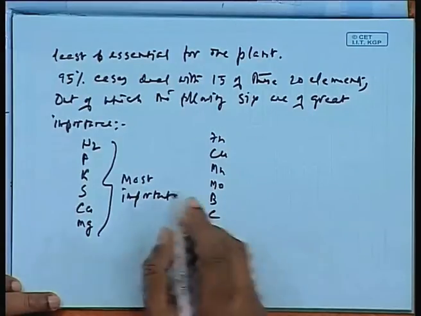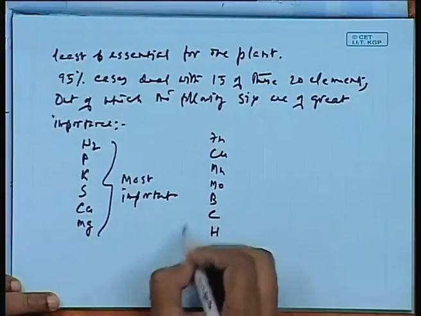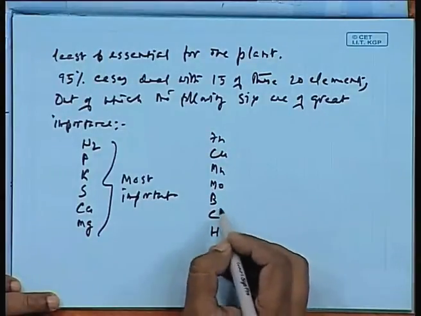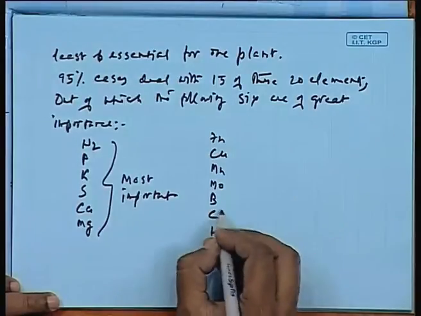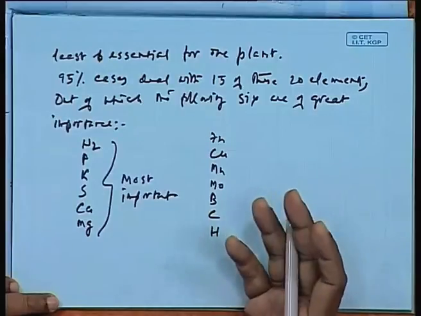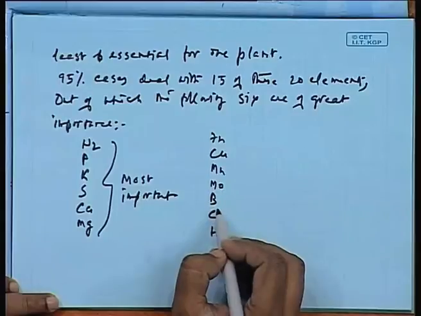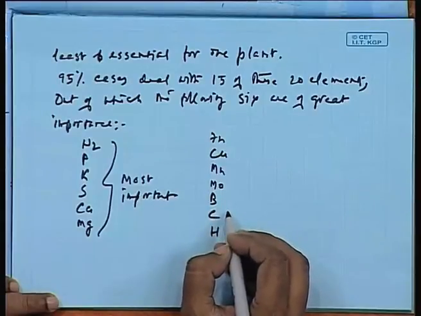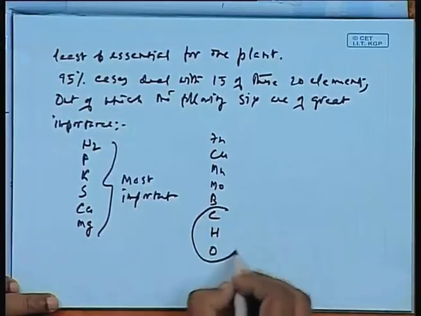Carbon and hydrogen are a separate league altogether, because plants are mostly made of carbon and hydrogen. Apart from that, we have carbon, oxygen and hydrogen that we deal with separately.